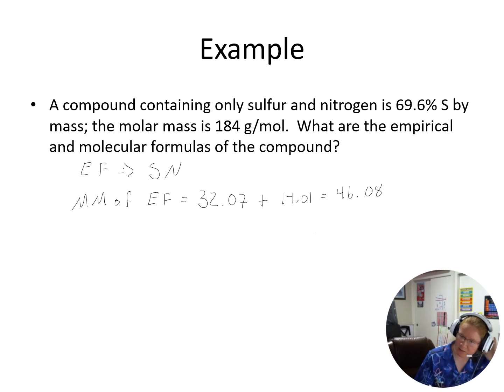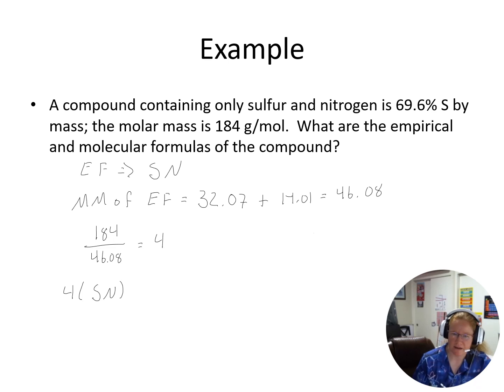Then we take the molar mass of the compound, the 184, divided by the 46.08, and we get 4. So we're going to multiply our whole empirical formula by 4. We're going to get S4N4.